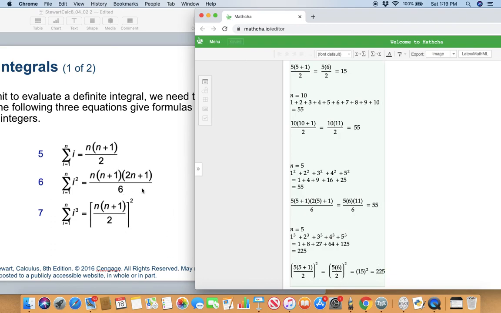So these are the 3 formulae you need to know. Memorize these formulae. They are very useful. Summation i going from 1 to n is n times (n plus 1) by 2. Summation i squared, i goes from 1 to n, is n times (n plus 1) times (2n plus 1) by 6.